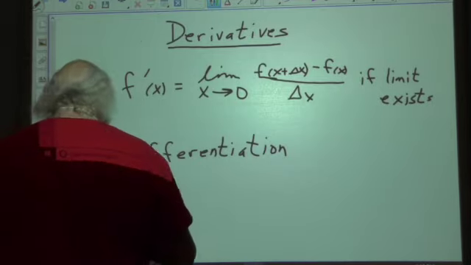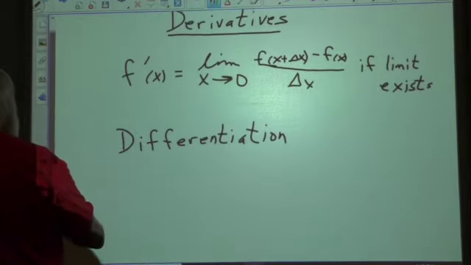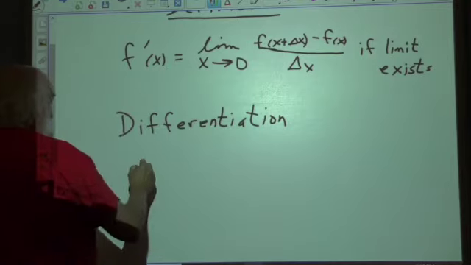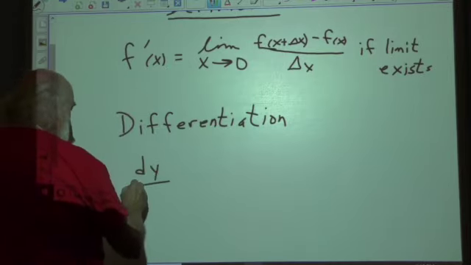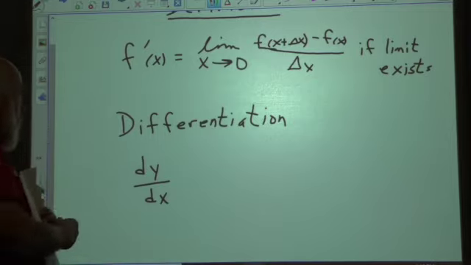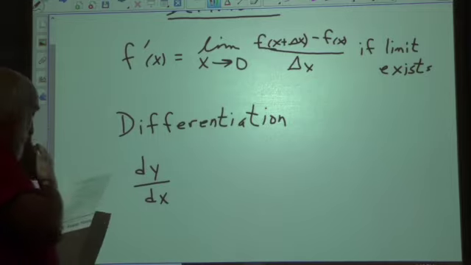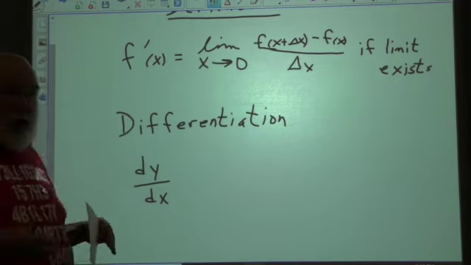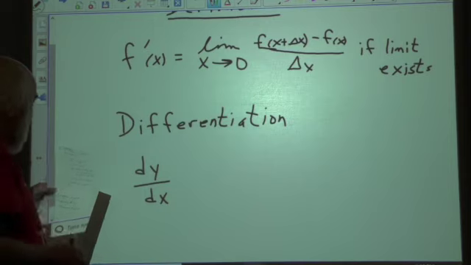Okay? Now, there's a number of ways that we can express this in a shorthand form. F prime of x is certainly one of them. We also use this, which we call dy dx, or we also say that that is the derivative of y with respect to x. So you hear these terms a lot, but it means the same thing.